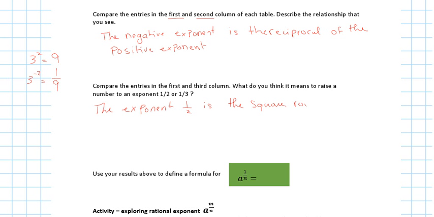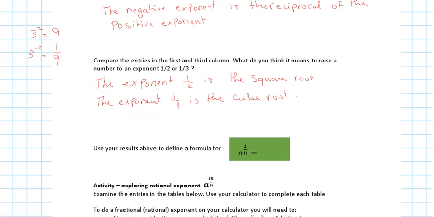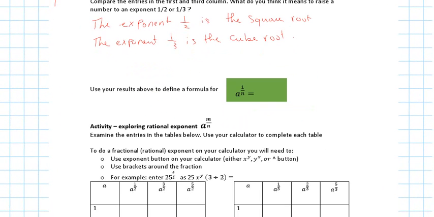And then the exponent 1/3 is the cube root. So then, if I want to write this as a general term, it's going to be the nth root of k.